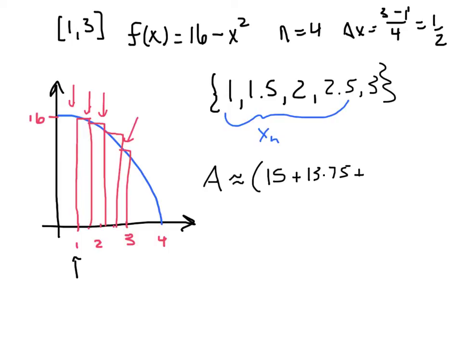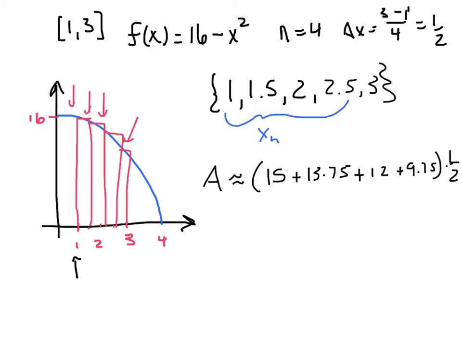F of 2 is 16 minus 2 squared, which is 16 minus 4, which is 12. And f of 2.5 will be 16 minus 2.5 squared. 2.5 squared is 6.25. 16 minus 6.25 is 9.75. And all of that is going to be multiplied by 1/2.